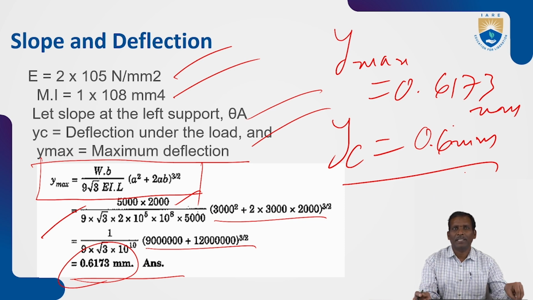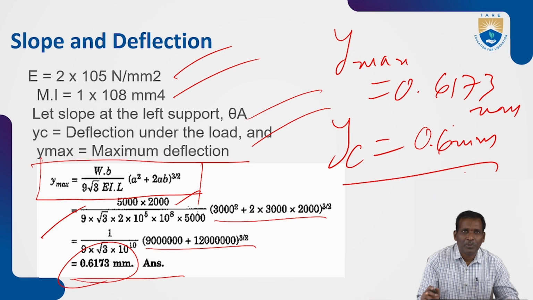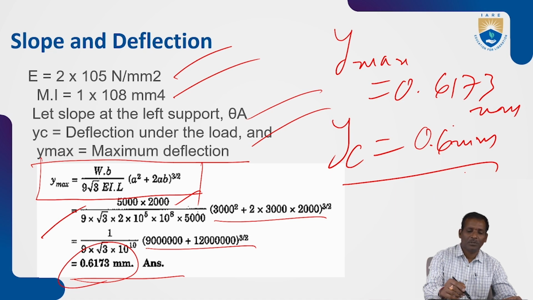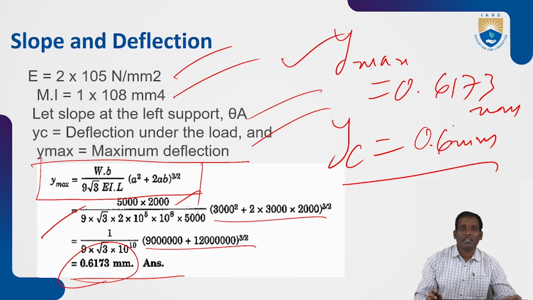But at the ultimate point, suppose you keep on increasing the load, what will happen in the stress strain diagram? Already we have studied in first unit, first module. After the ultimate stress, the component will fail. So it can withstand only the maximum limit, that is allowable, working or design. So here also the maximum deflection this beam can give is 0.6173 mm only.